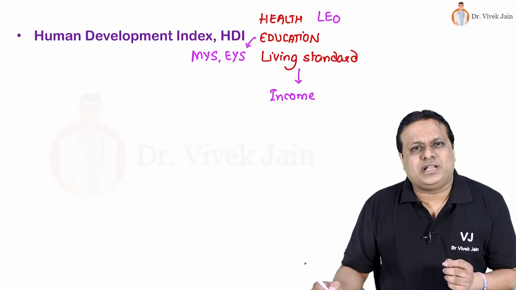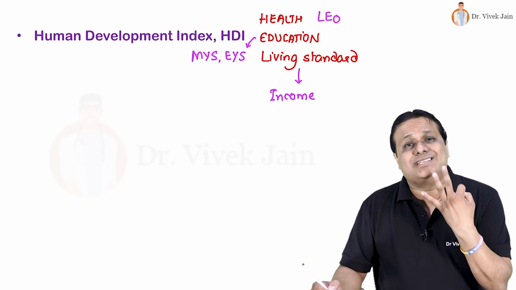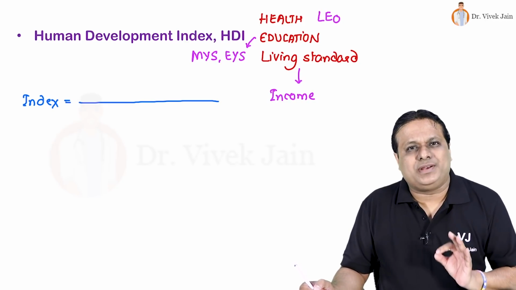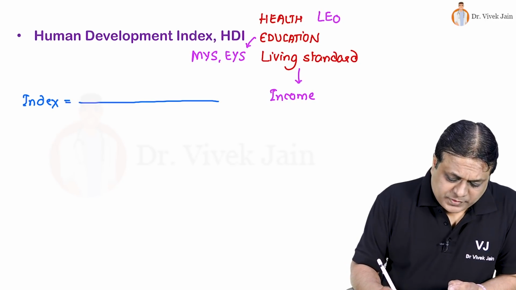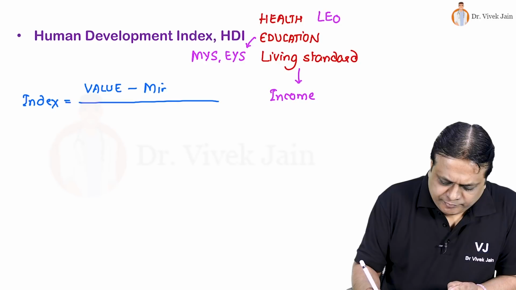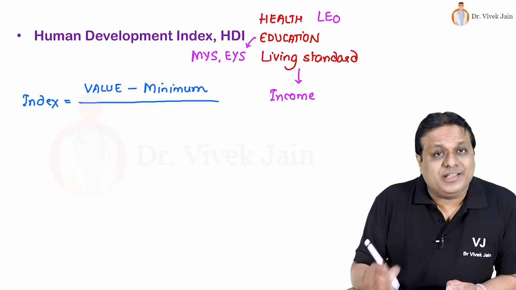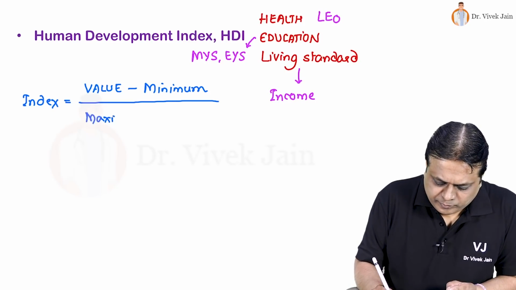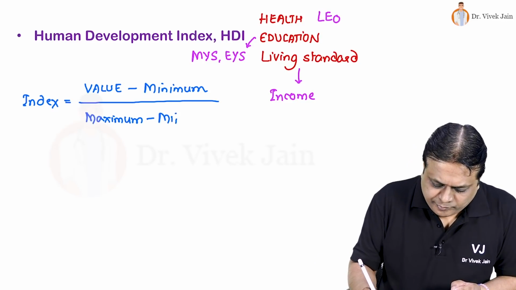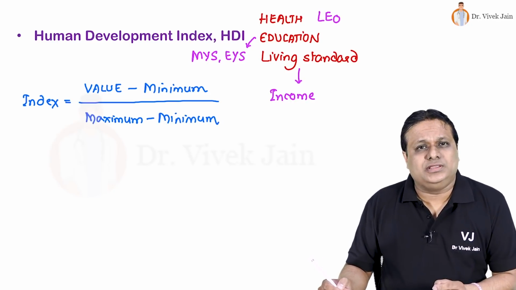For calculation of human development index, we have to calculate for these three parameters one index each. For each of these three parameters we calculate a separate index where we use the country's actual value minus the minimum value or goalpost in the world, divided by the maximum value minus the minimum value of that particular parameter goalpost in the world.